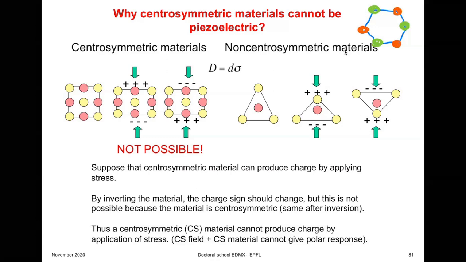There is no polarization, but when we apply tension or compression, the centers of positive and negative charges will separate. We will have polarization and therefore a piezoelectric effect. You should try to find on this body directions along which the piezoelectric effect is non-zero and other directions along which it is zero.